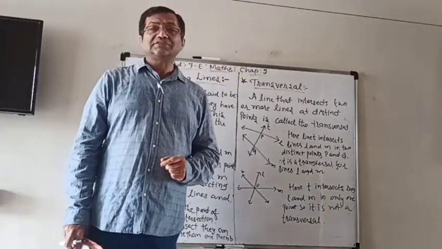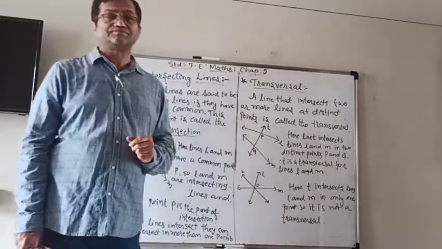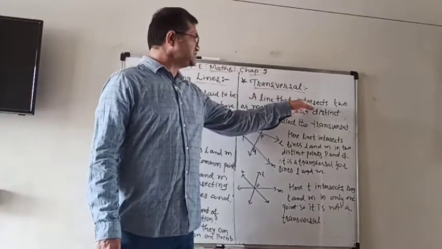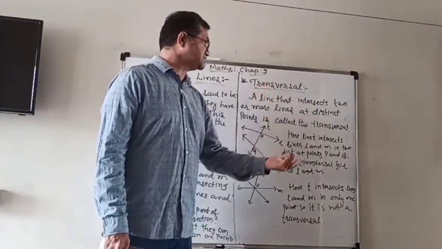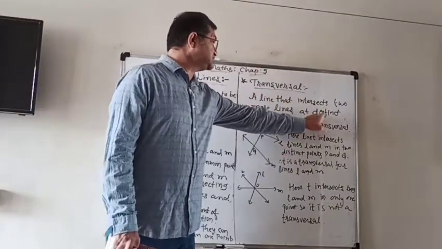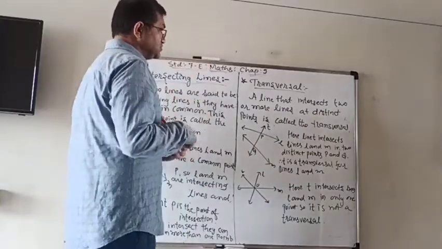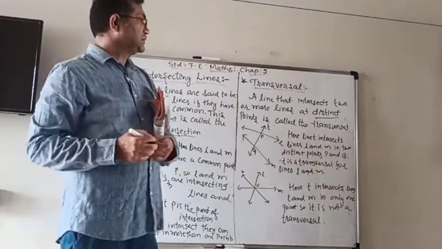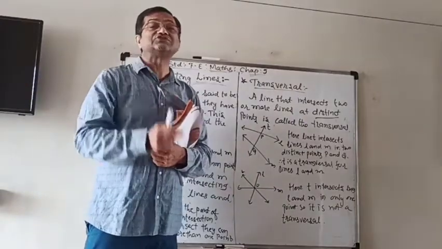Now the other thing is the transversal. When a line intersects two or more lines at distinct points. That word is very important. Distinct points. Then that line is called transversal.